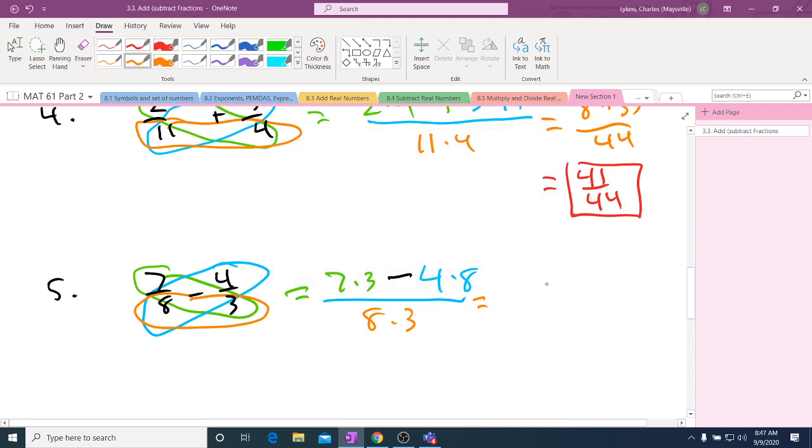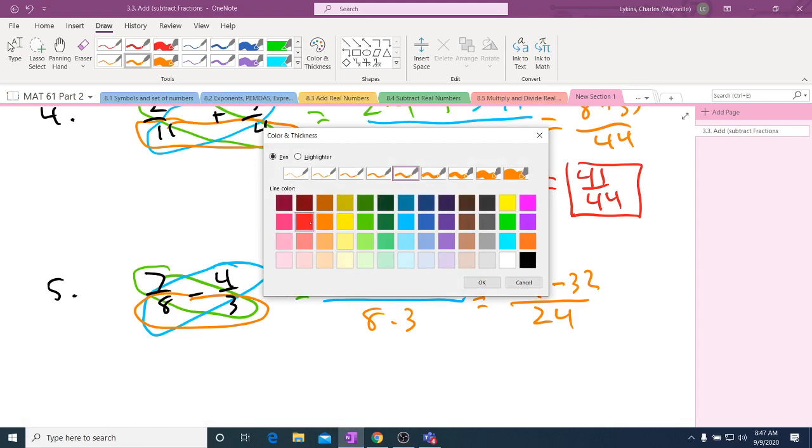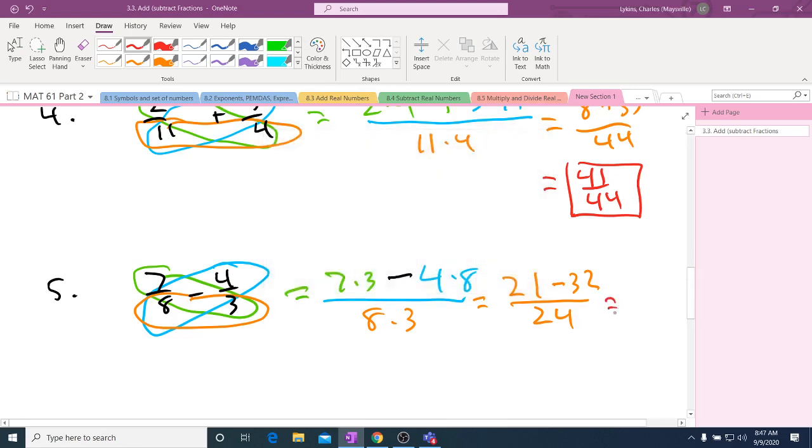So 7 times 3 is 21, minus 4 times 8, which is 32, over 8 times 3, which is 24. So this gives you 21 minus 32 is negative 11 over 24.